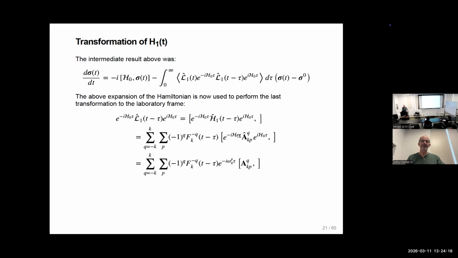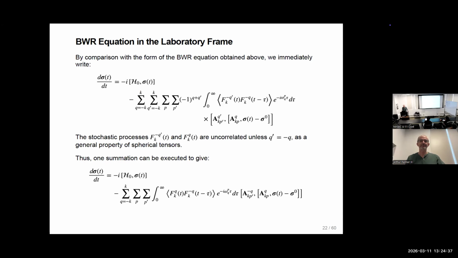So here's the transformation of each operator by H naught of t. We pick up the phase factor, and we're back in the lab frame with this phase factor. So now we can write everything down.